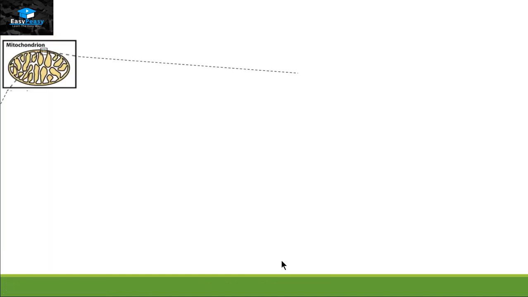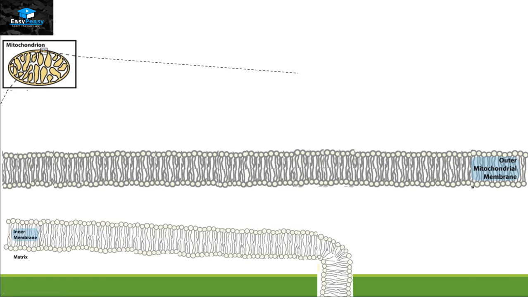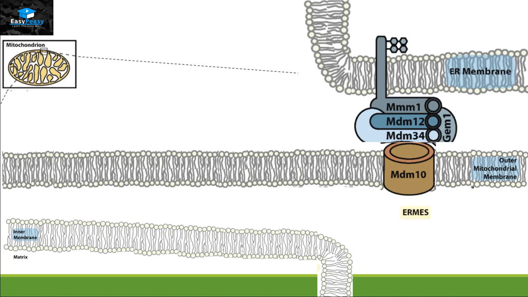So this is the mitochondrial part that we are going to elaborate now. This is the outer membrane of mitochondria and this is the inner membrane. It is not straight because they make a lot of different foldings called cristae. Mitochondria usually attach themselves to the endoplasmic reticulum by a domain called ERMES.